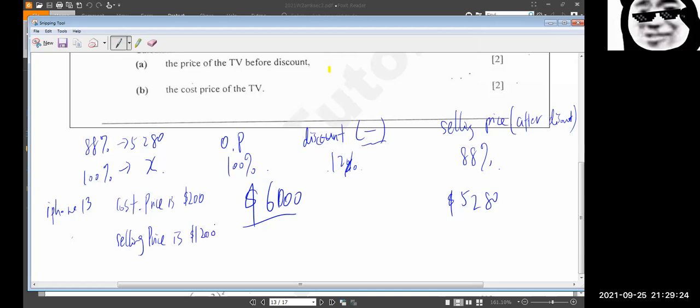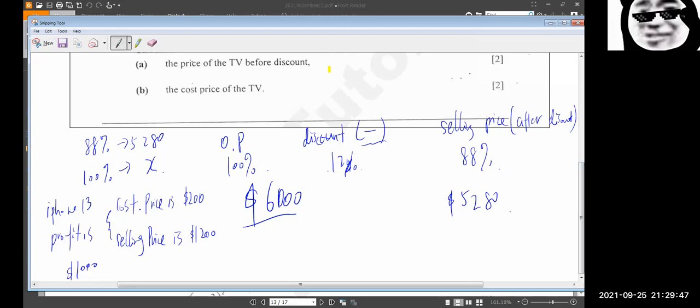I never follow. So if the selling price is 1,200, the profit is $1,000 in this case. That's how you calculate the profit in terms of value.